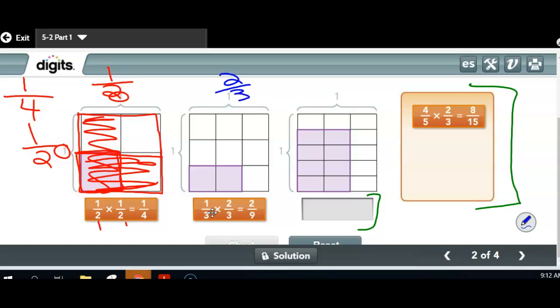Correct. Okay, they shaded in 2/3, right? And that means 1/3 is on the side. They shaded in this 1/3. Our answer is 2 ninths. Our 2 comes from this box and this box. Our 9 comes from 1, 2, 3, 4, 5, 6, 7, 8, 9.